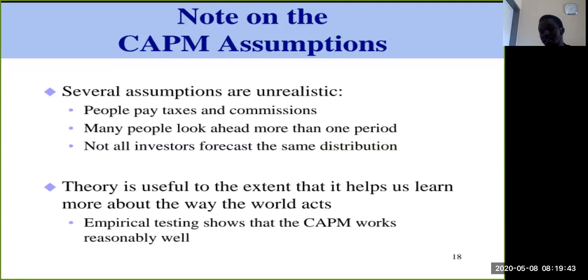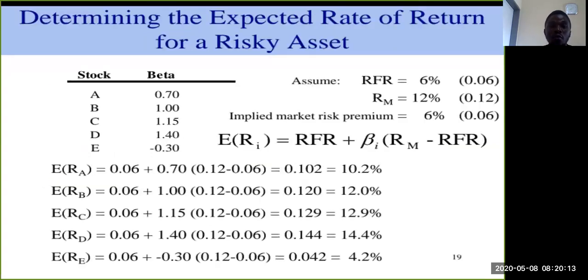But that is an unrealistic assumption as well, because in as much as you are forecasting something or getting information about something, the decisions you make are not going to be 100% the same as those another person in that business will make. Theory is useful to the extent that it helps us learn more about the way the world acts. Empirical testing shows that the capital asset pricing model works reasonably well.